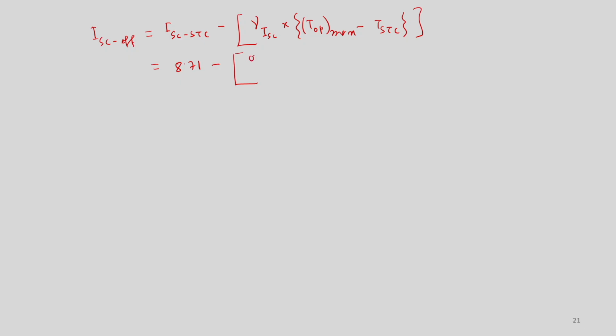With 65 minus 25, this is found to be 8.69 ampere. So, ISC effective is something like this.